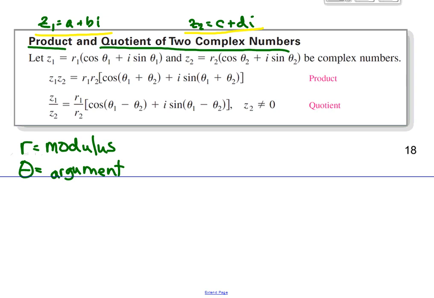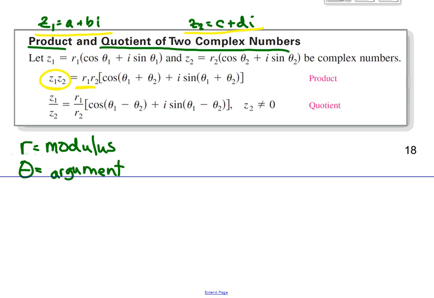Then Z1 times Z2 is R1 times R2, and then usually we're going to put a bracket: cosine (theta 1 plus theta 2) plus I sine (theta 1 plus theta 2), close bracket.